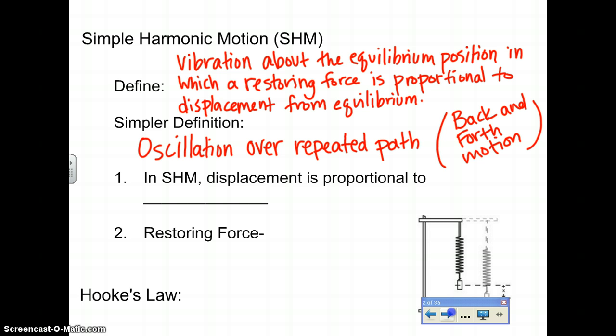So like swinging on a swing set, teeter-tottering on a teeter-totter. Okay, that's back and forth motion. So that's simple harmonic motion. Number 1 here, in simple harmonic motion, displacement is proportional to, check out your definition there. What is it proportional to, guys? It is proportional to restoring force.